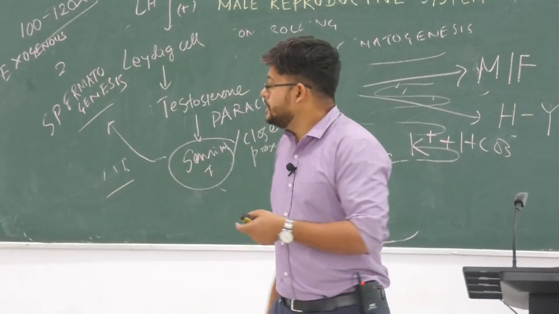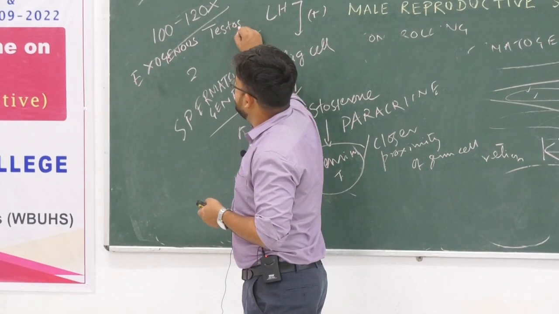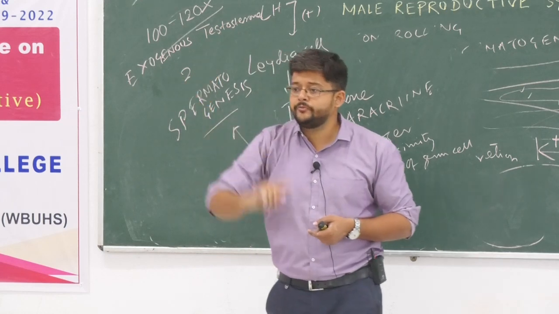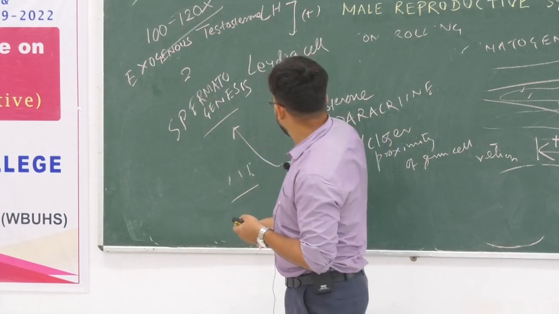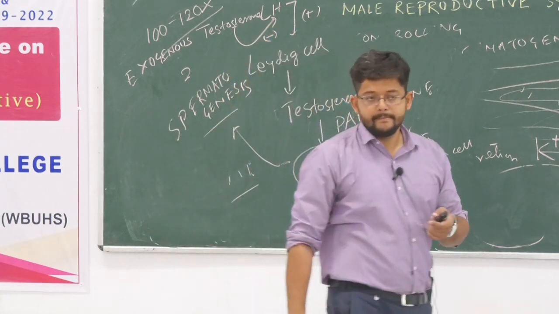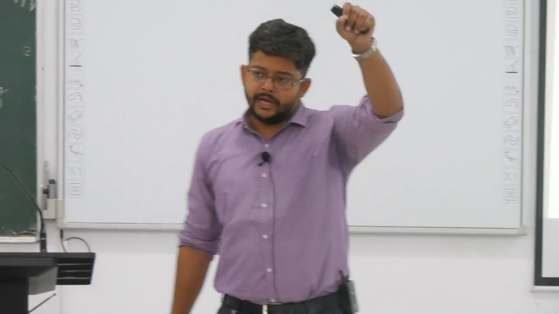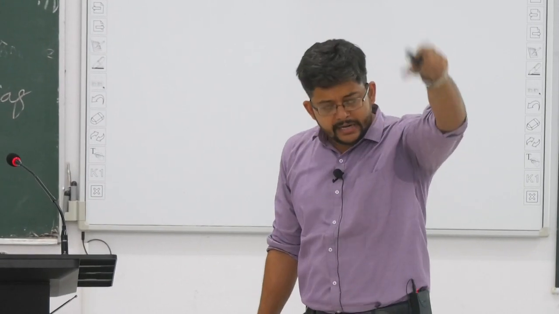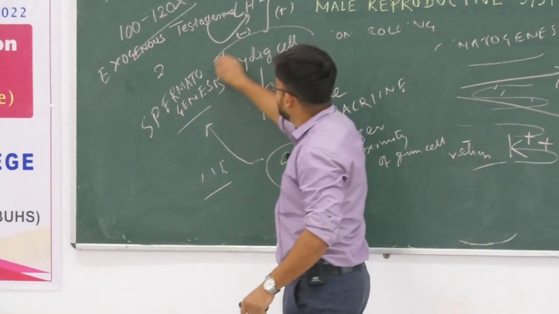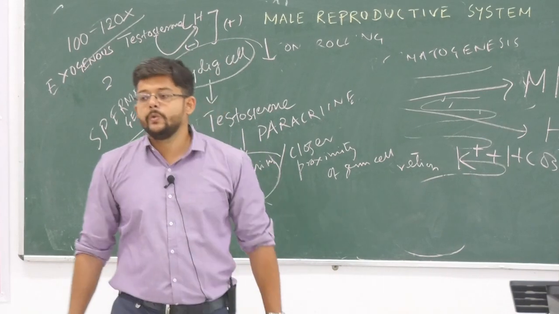What will it do? সেই যে exogenous testosterone, it will switch on the negative feedback pathway on LH. So testosterone যদি তুমি বাইরে থেকে নাও, that will act on LH, decrease the LH, and overall Leydig cell stimulation will come down. So overall testosterone function will come down.